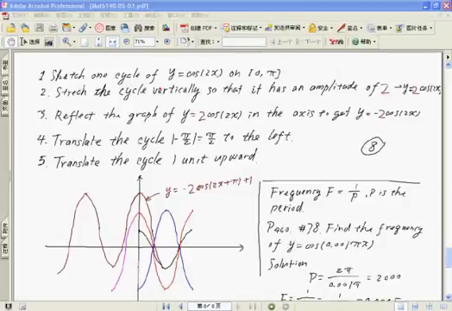Now, step 1, sketch one cycle of y equals cosine of 2x. So let's first draw the rectangular plane.